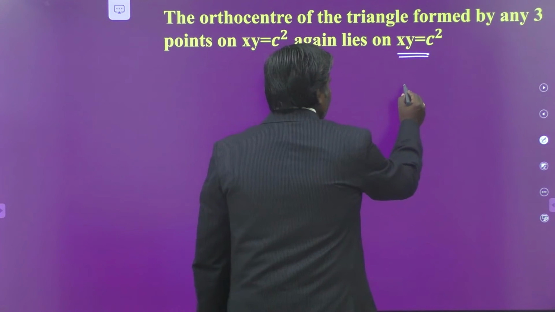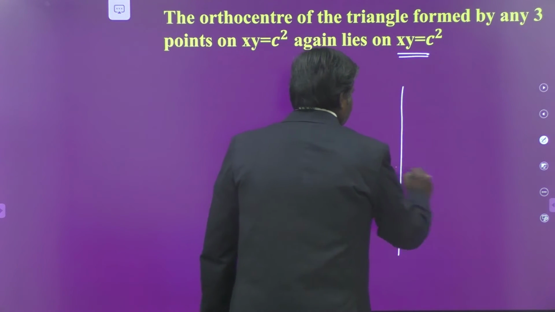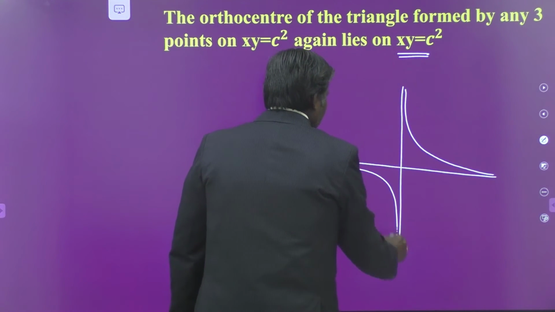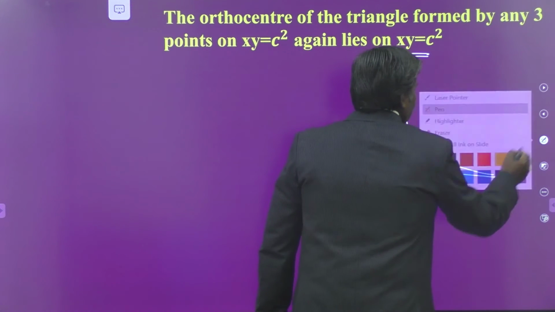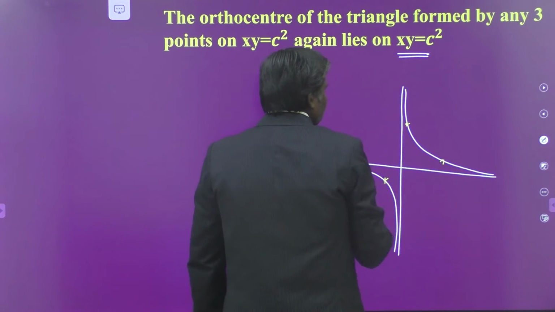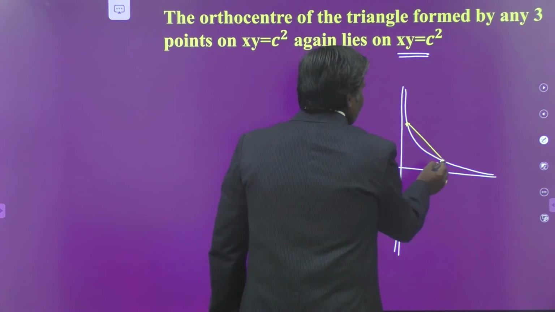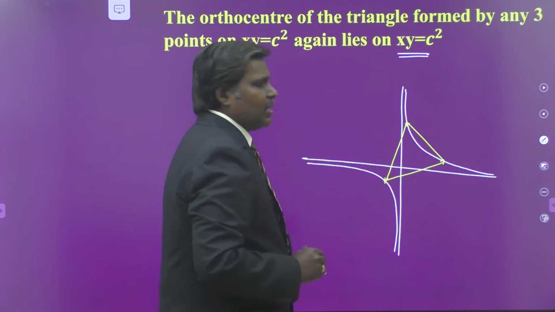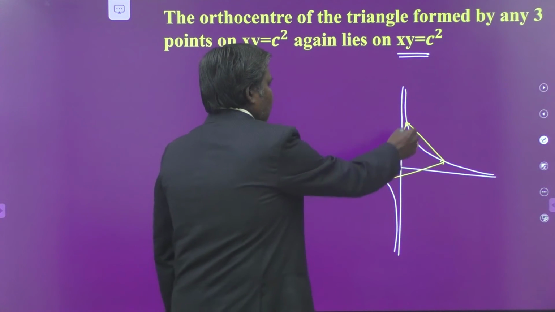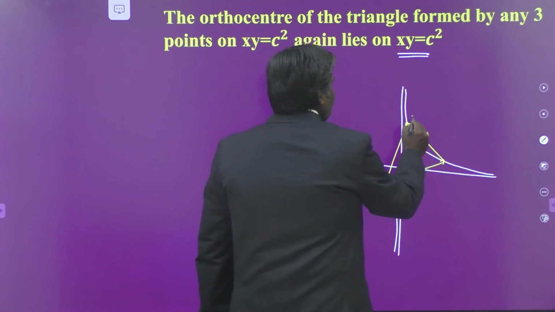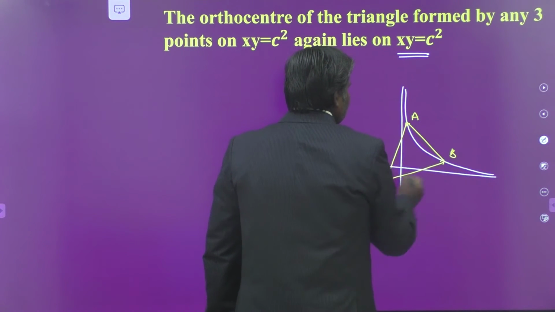So let us draw the rough diagram. This is your rectangular hyperbola. Take any 3 points on this rectangular hyperbola. Suppose these are the 3 points. Form a triangle. For this triangle, you find the orthocenter. These are the vertices of the triangle, say ABC.